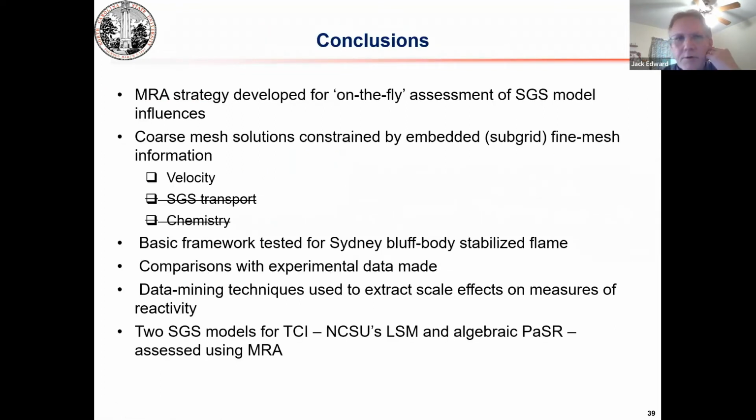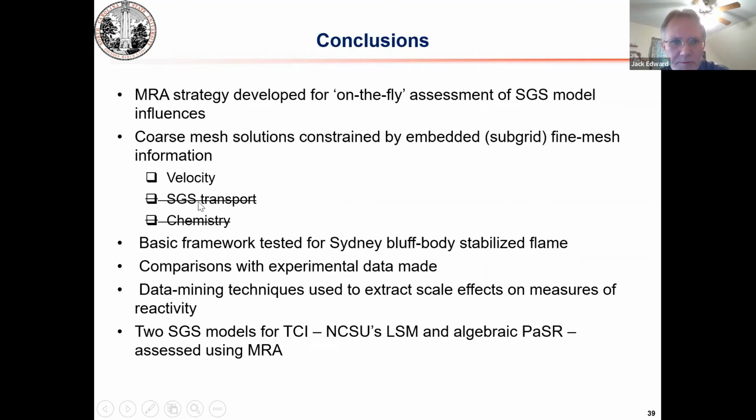That's what I'll conclude with: we've developed this technique for on-the-fly assessment of model influences. We're focusing, again, mostly on closures for the reactive source terms, not transport, et cetera, but it could be used for transport models as well. We do this by constraining our coarse mesh realizations by the fine grid velocity field.